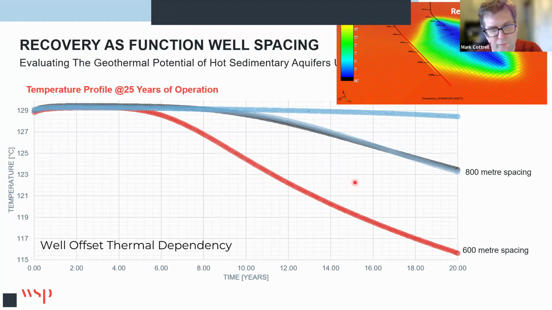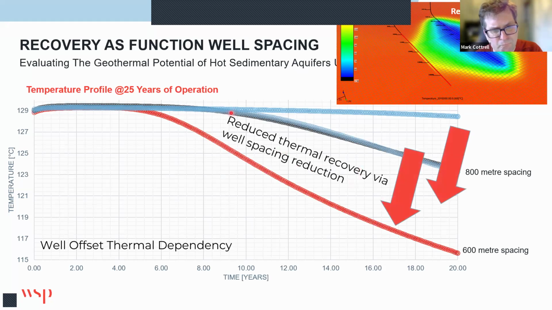What we can see from this is, if we reduce the well spacing, we're reducing the thermal recovery, but we're improving the chances of that hydraulic connection. So there is very much a balancing act.